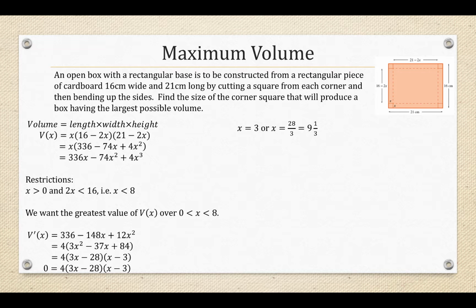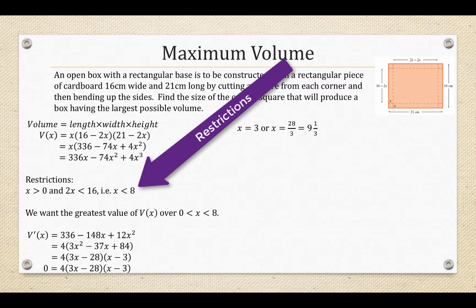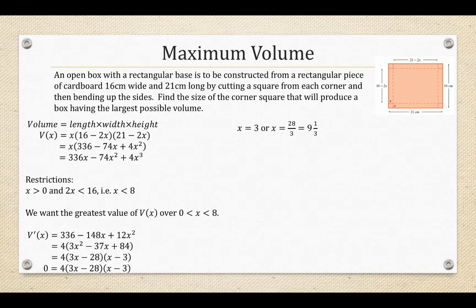So each of these could produce our maximum value. But let's have a look at the restrictions. The restrictions state that x has to be greater than 0 but less than 8. So that leaves us with x equals 3 as our solution.